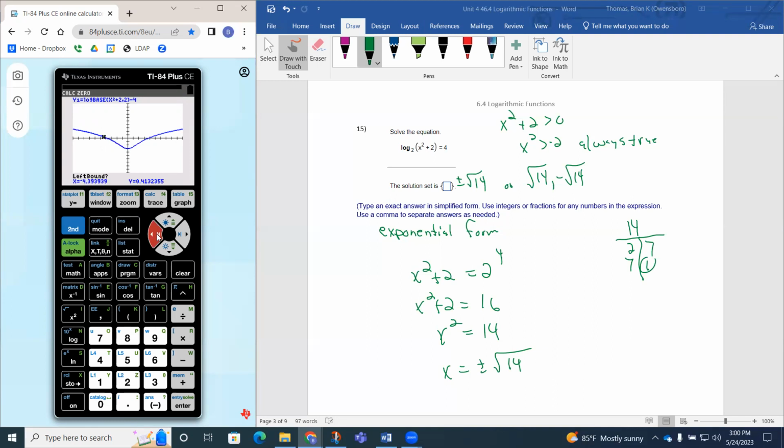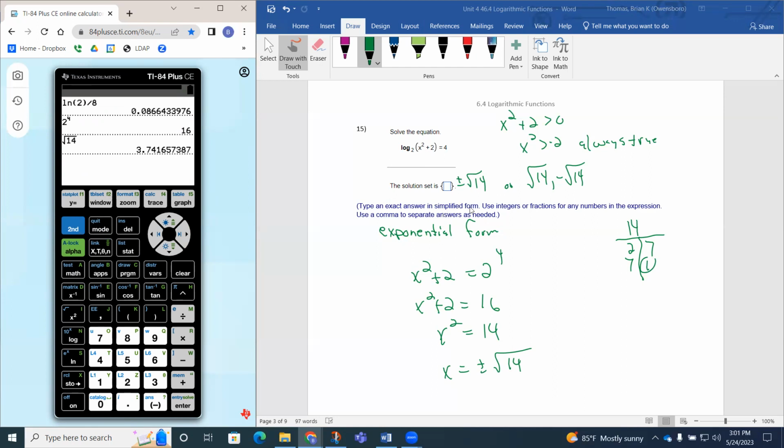If we do left bound and right bound, hit enter again. Notice that that does give you that negative 3.741657. So if I go back and quit that, you kind of see that's very similar. So we're on the same page there.